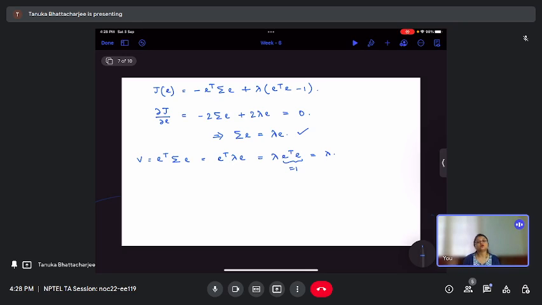Now, as you have already studied PCA, this is basically the direction that PCA selects to project the data. So, PCA selects such a direction so that your projected data will have maximum variance.